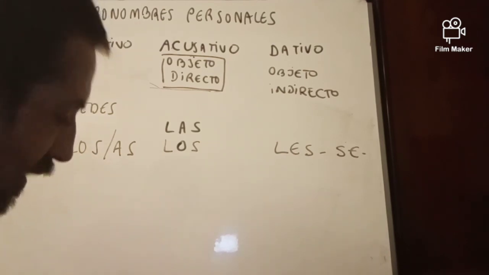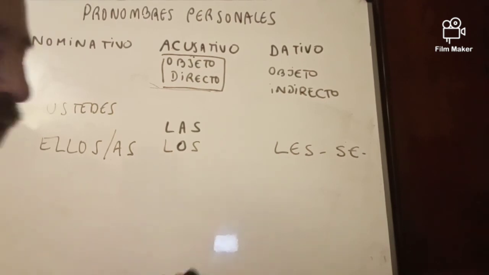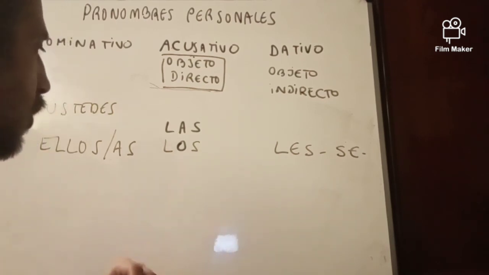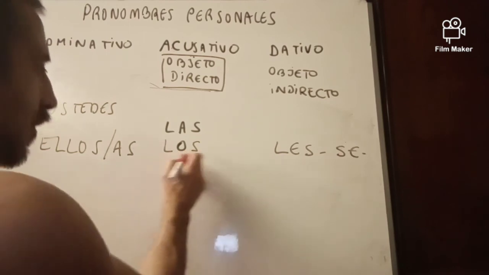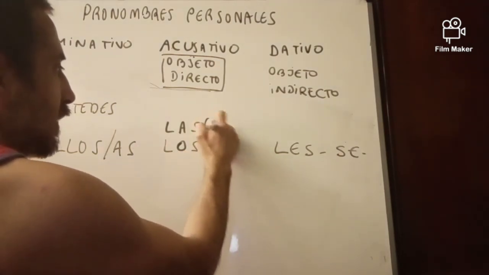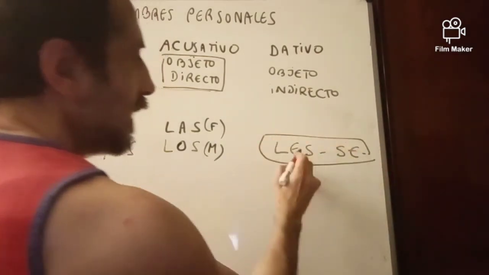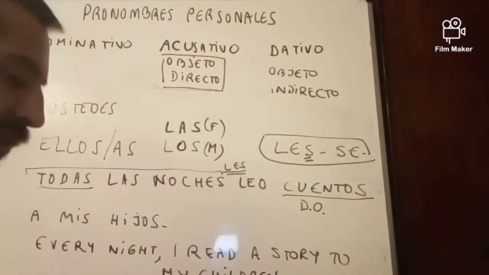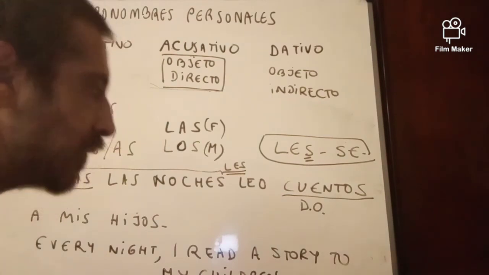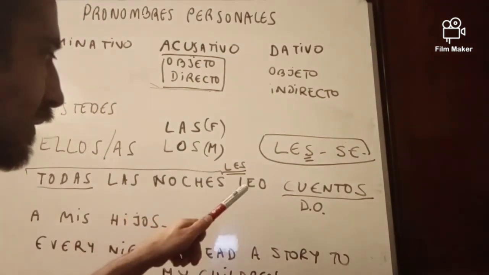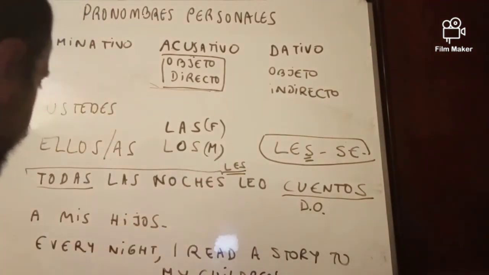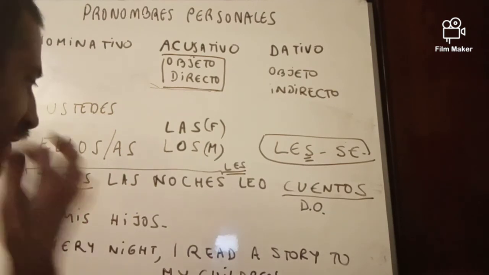So for ellos, ellas, the direct object pronouns will be los, las, los masculine, las feminine, and the indirect object will be les and se. Singular is cuento, it means a tale, a story. Todas las noches leo or les leo cuentos a mis hijos.